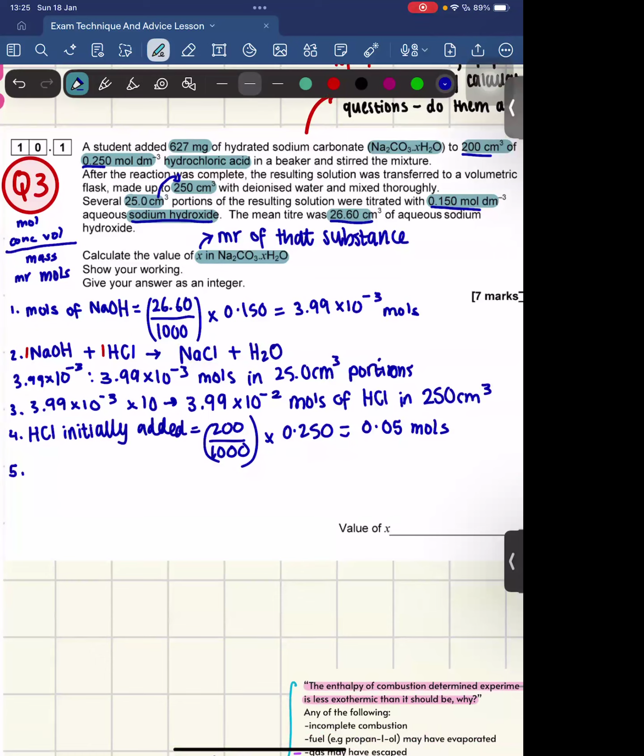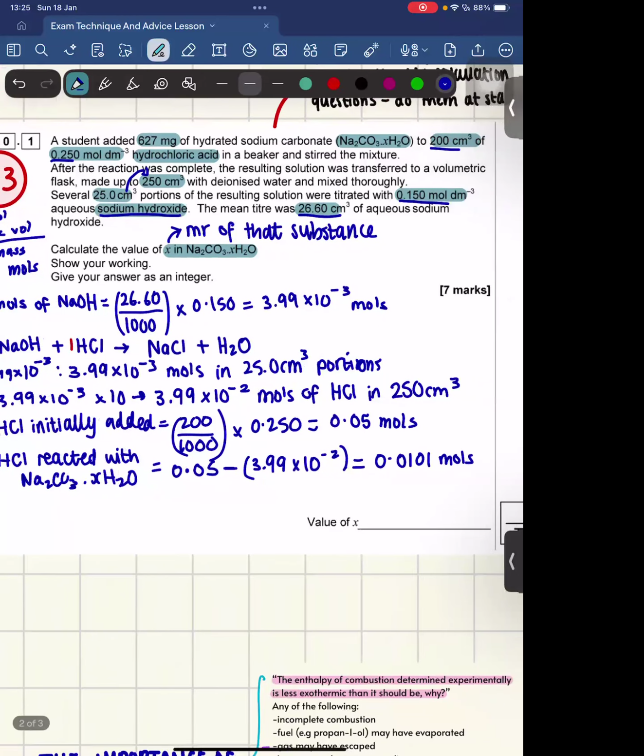I know that's a bit of a yucky example, but the HCl reacted with the Na2CO3.xH2O equals 0.05 minus 3.99 times 10 to the minus 2, which should give you 0.0101. Cool. So that's how much HCl reacted.